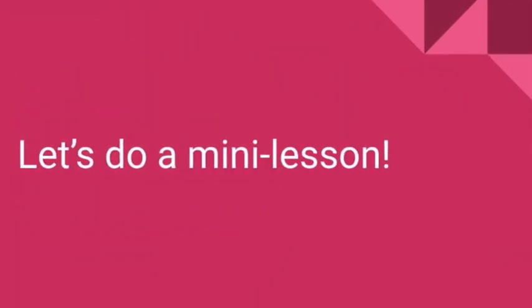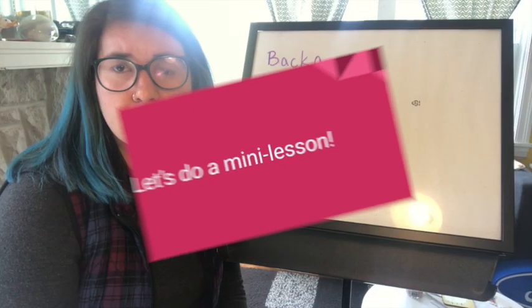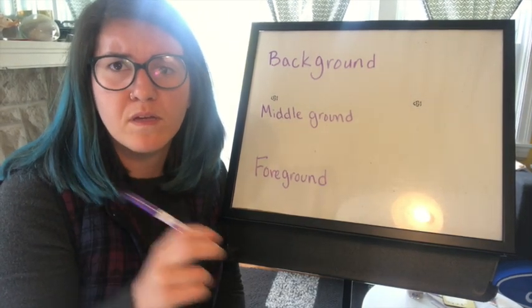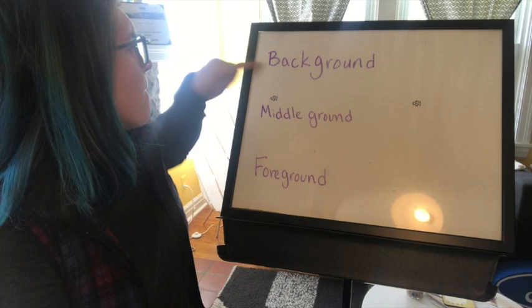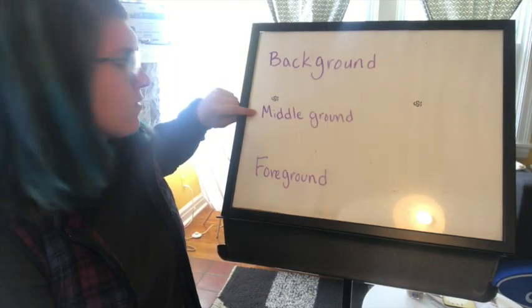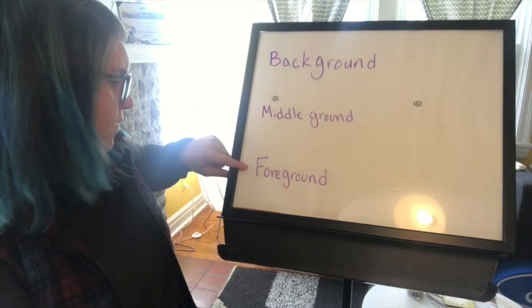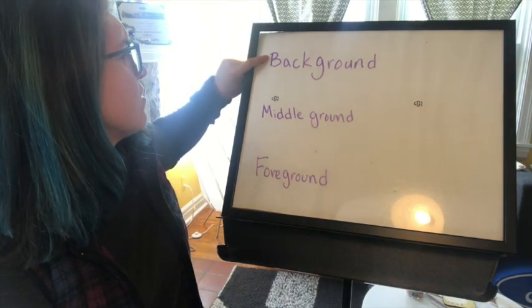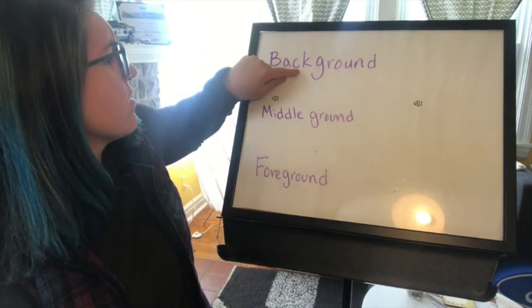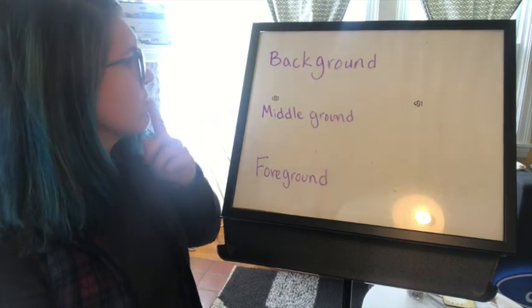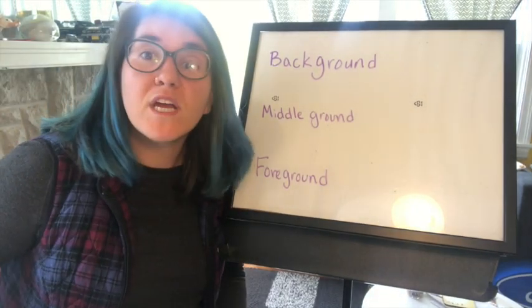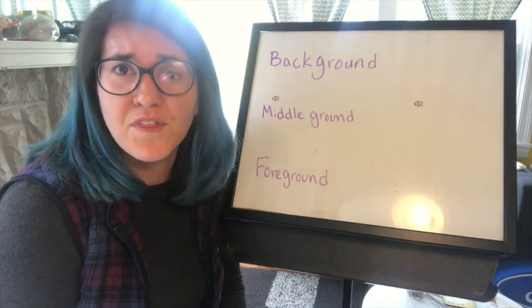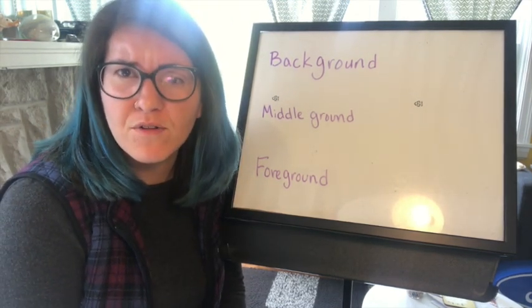Let's do a mini lesson. All right, we got 3 words I need your help defining. We got background, middle ground, and foreground. Let's talk about background. If we're thinking about a picture, what do you think background means?